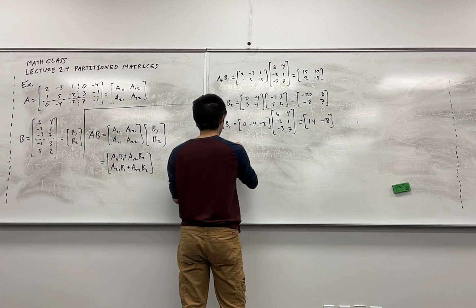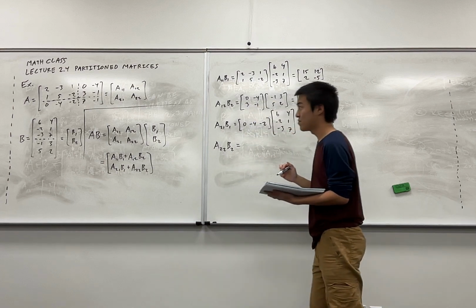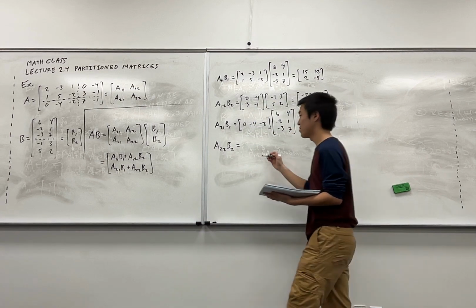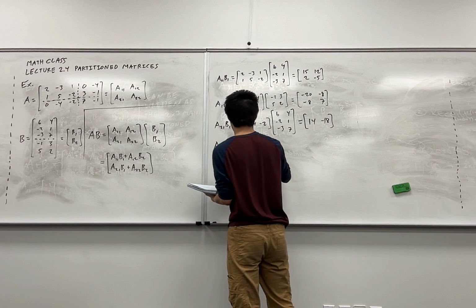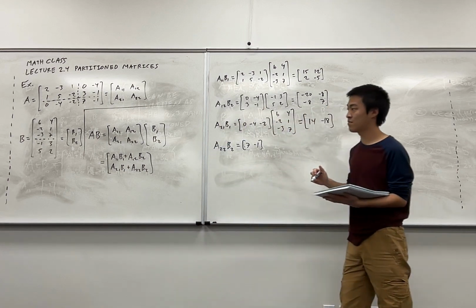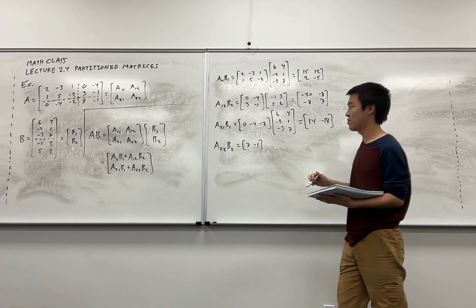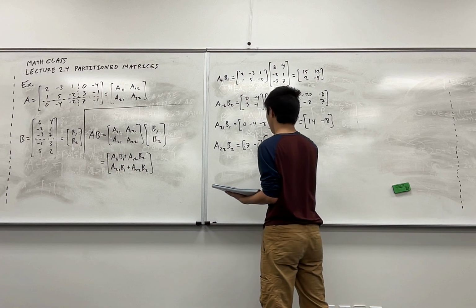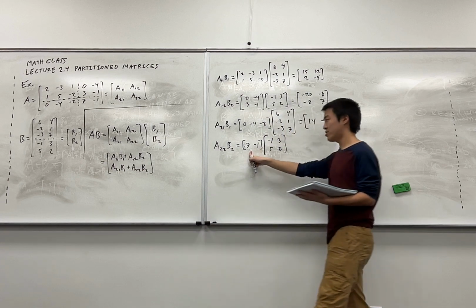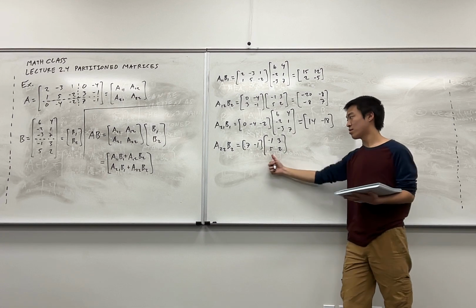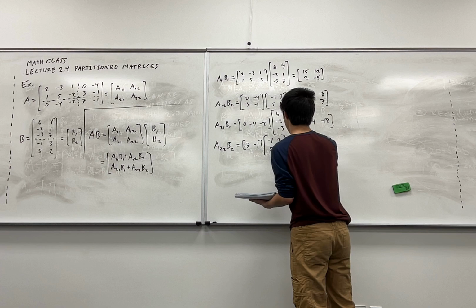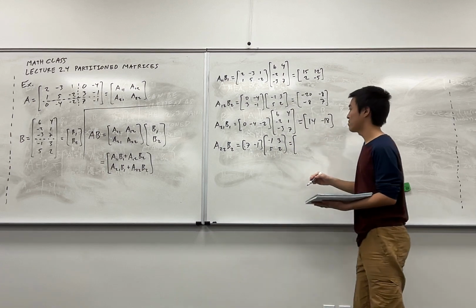A22 times B2. What is A22? 7. What's B2? 3, 1, 5, 3, 2. Dimensions. 2 by 2. What's the output? 1 by 2. Okay?